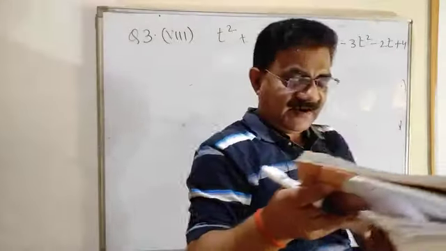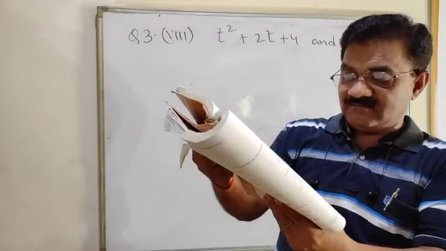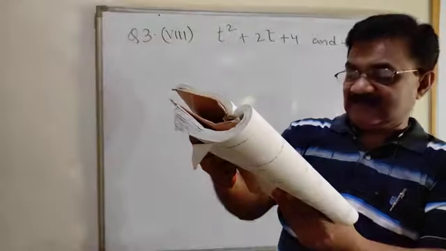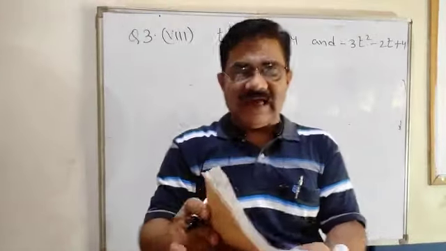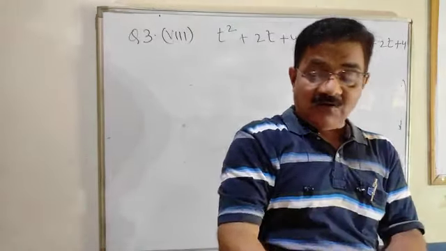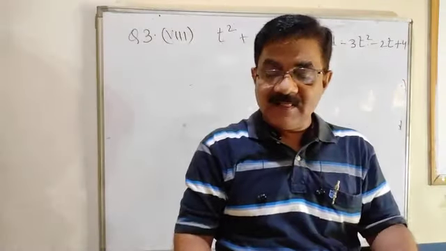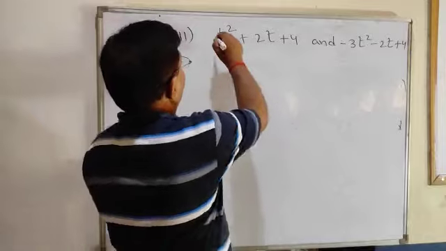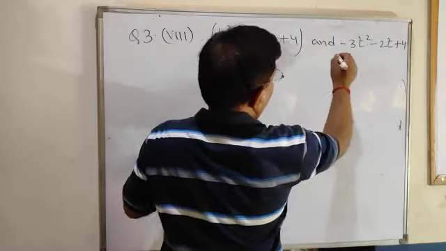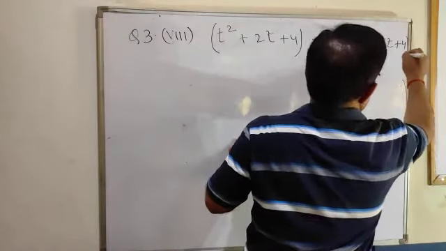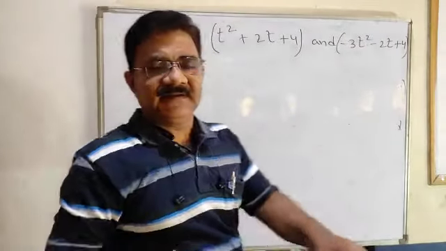Let me verify whether it is t or L. Okay, let it be, the same answer will come. Now, we have to add this pair of expressions. One expression is this and one expression is this. We have to add it.